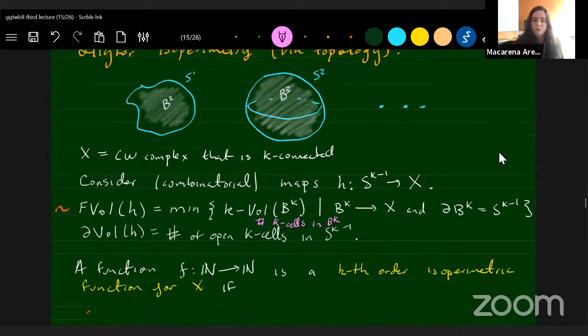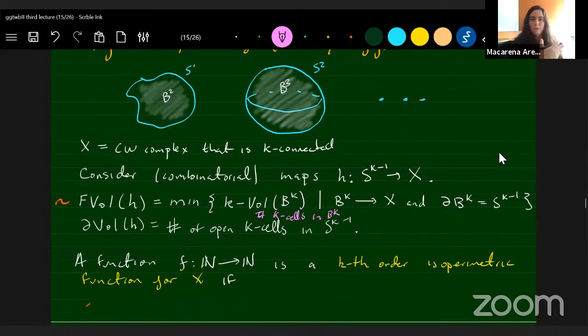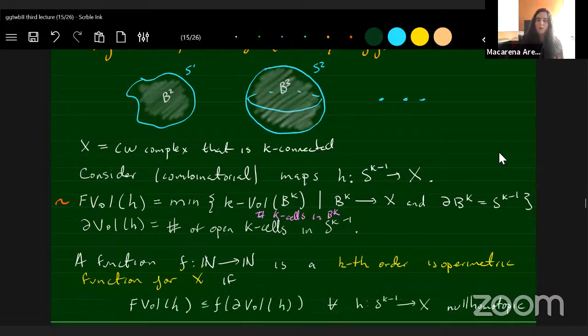Now, a function is going to be a kth order isoperimetric function for the space X if the following is satisfied. We want the filling volume of the map to be bounded by the function F evaluated at the boundary volume of the map, for every non-homotopic map from the sphere into the space.